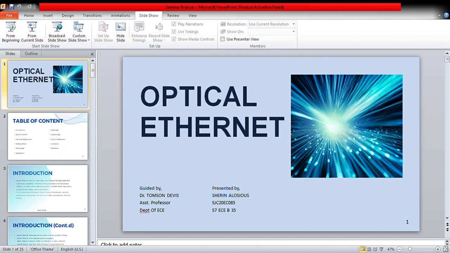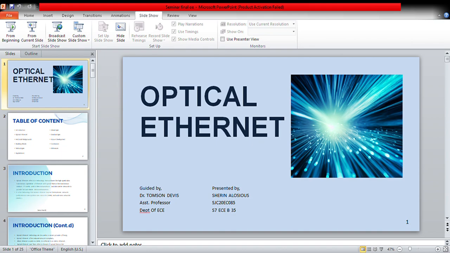Now let's move to the history of optical Ethernet. Corning Glass Works created the first low-loss optical fibers in the 1970s. In 1973, the first optical fiber transmission system was installed by Bell Laboratories.